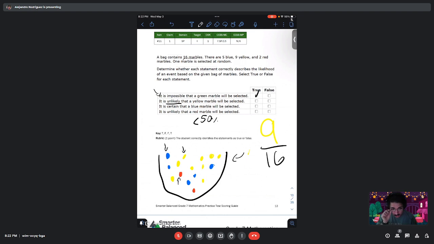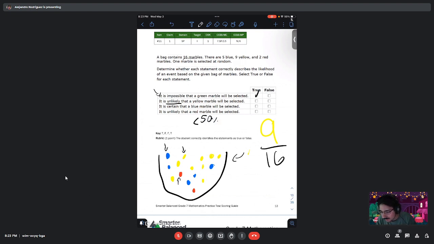And what are the chances of us picking a random yellow marble? Well, it's 9 over 16, right? So we have 9 yellow marbles and a total of 16 marbles we can pick from.